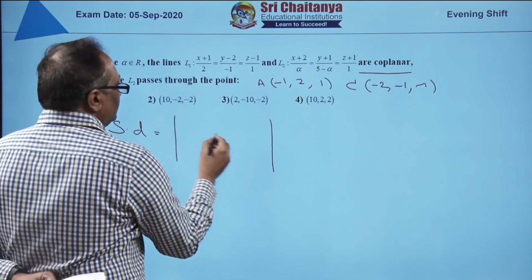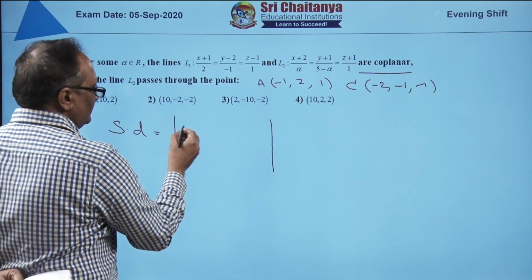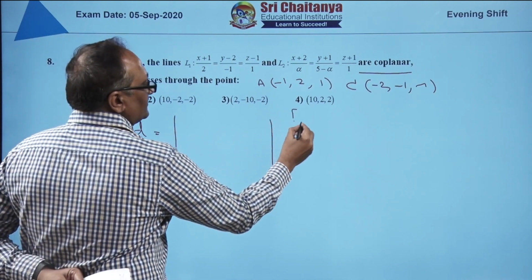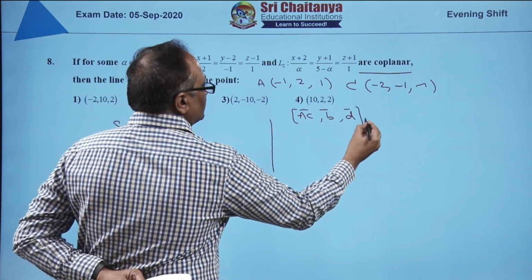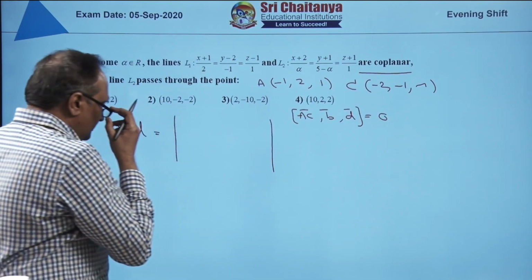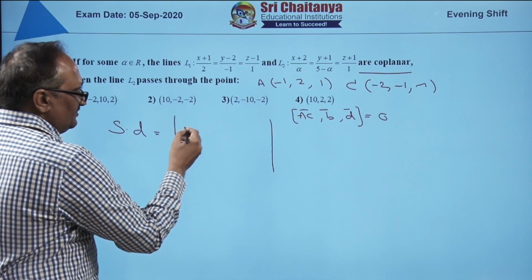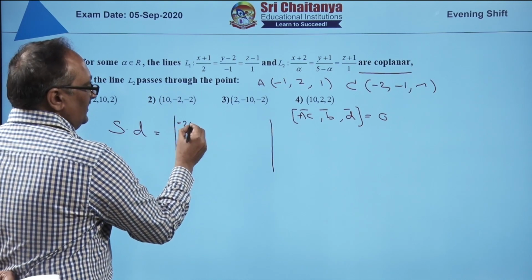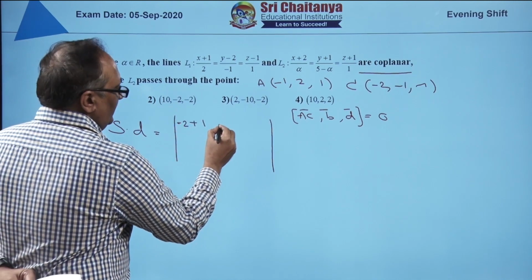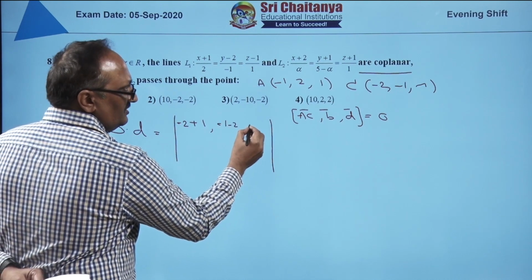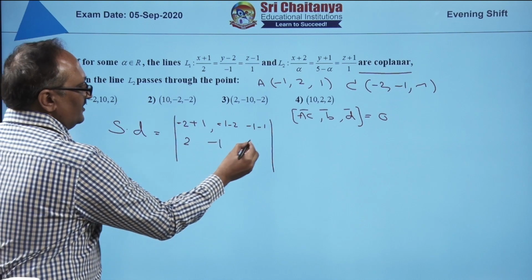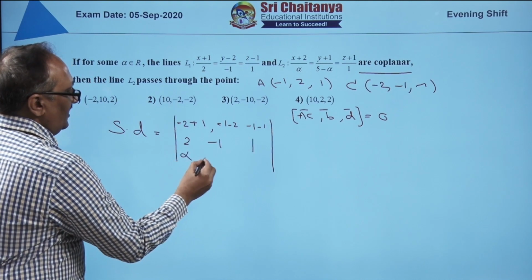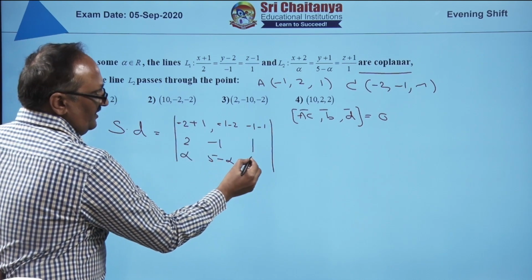The shortest distance you can write as AC bar dot B bar cross D bar must be equal to 0. So the determinant of AC bar, that is OC bar minus OA bar: minus 2 plus 1, minus 1, minus 2, minus 1 minus 1, B bar coefficients 2, minus 1, 1, and alpha, 5, minus alpha, 1.